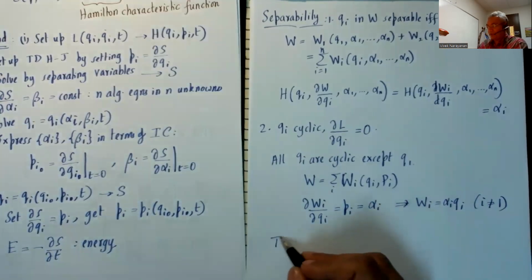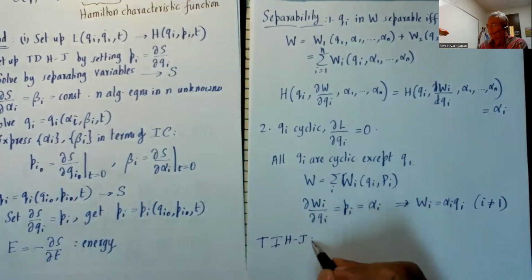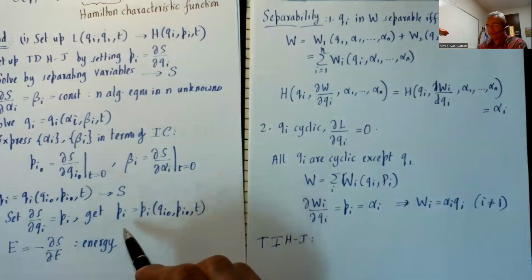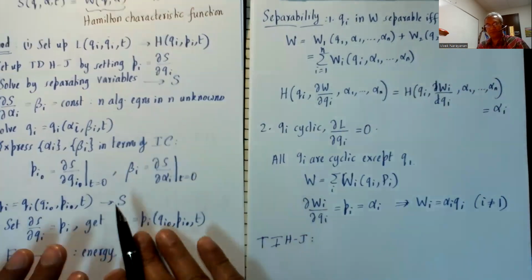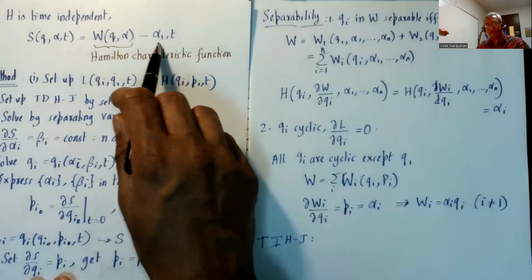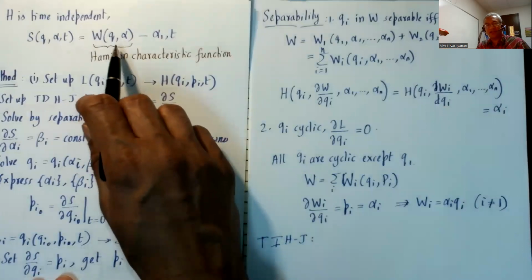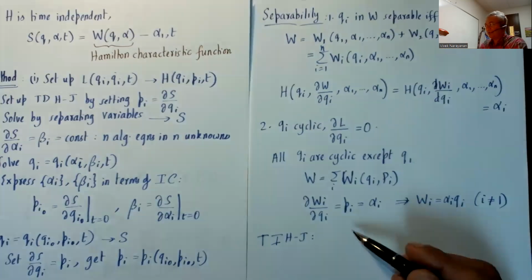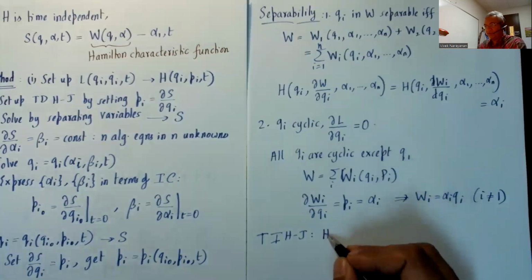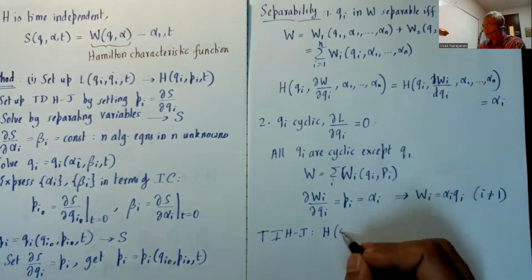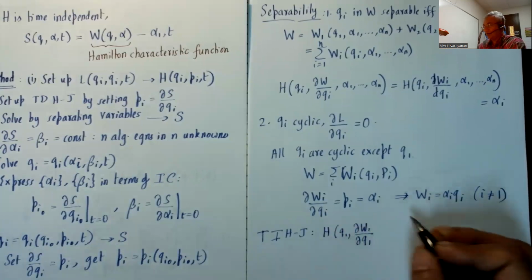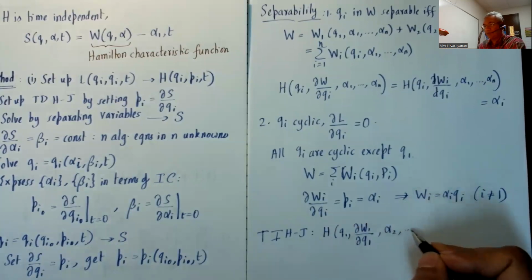So that's a great simplification. So the time-independent Hamilton-Jacobi, with the time taken out, because the time is taken out if I have that feature. So I'm looking at just what's left after you take out the time. The time-independent Hamilton-Jacobi is going to look like this: H of Q1, del W1 over del Q1, alpha 2 up to alpha n.